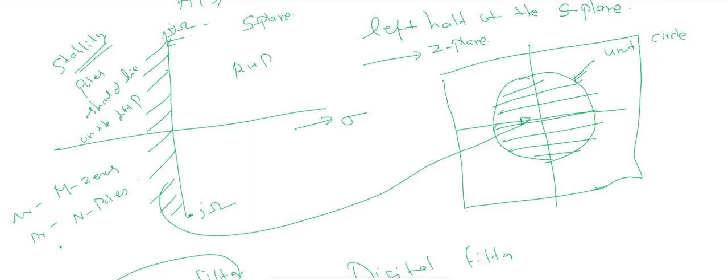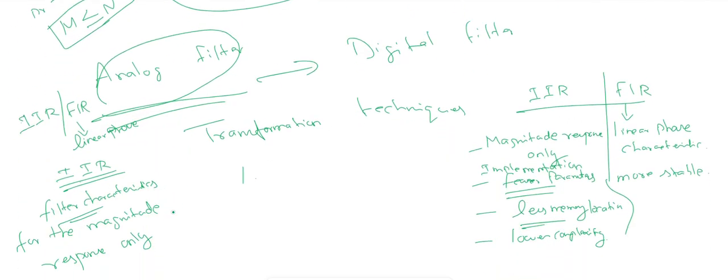Normally the number of zeros should be less than or equal to the number of poles. So we'll see what the different popular analog filters are and what the different transformation techniques are.